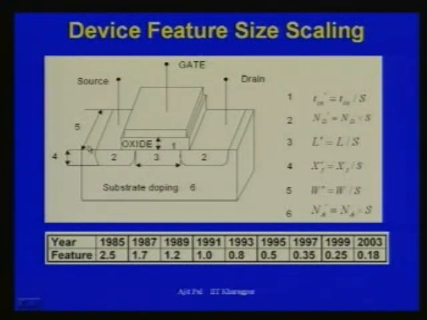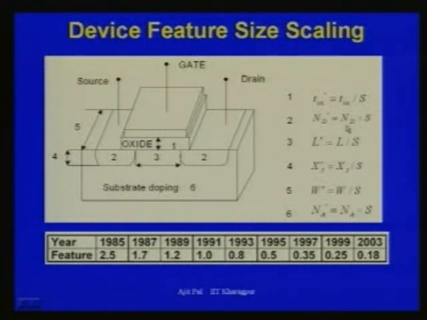This is a typical structural diagram of a MOS transistor. By feature size scaling, we mean we reduce the oxide thickness. If it was T-ox, you divide by a factor S, which is greater than 1, maybe 1.3, or you multiply it by 0.7. You increase the doping concentration in the source and drain regions.